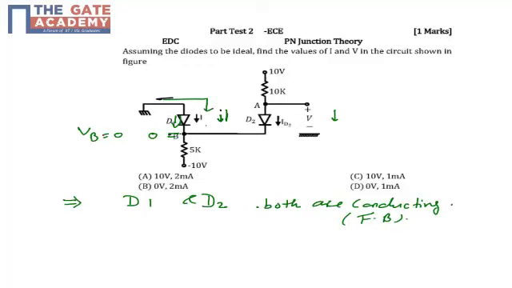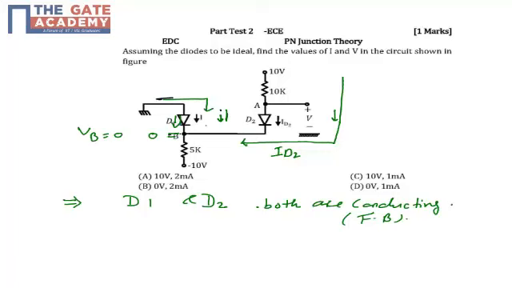So if my VB is 0, I can calculate the current I across diode D2, because this current ID2 is flowing from 10 volt to 0, as terminal B is 0.